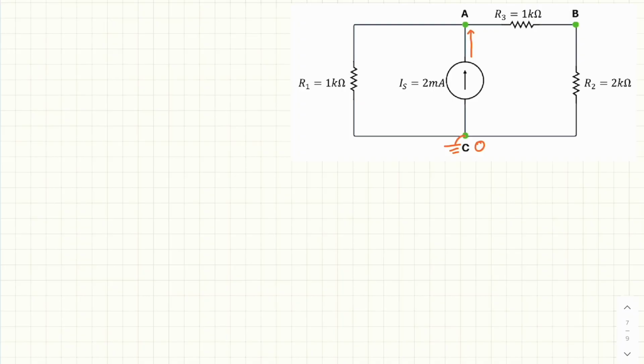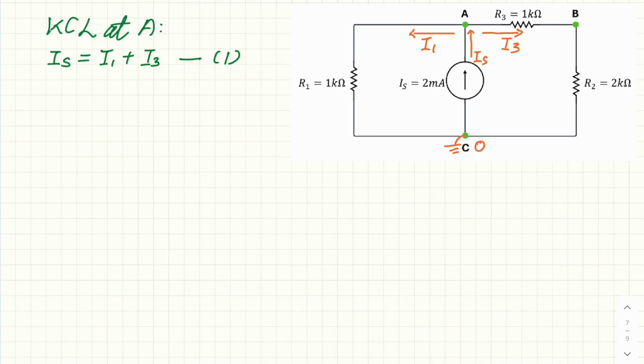Let's assume current I1 leaves node A, and the current I3 leaves node A as well. So the KCL at A will be IS equal to I1 plus I3.